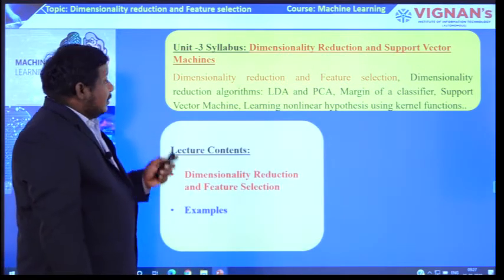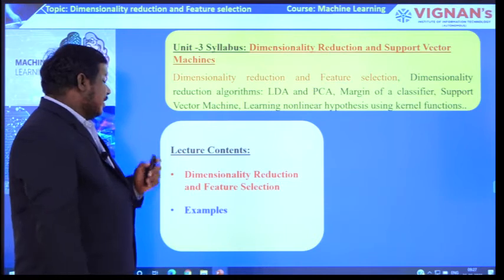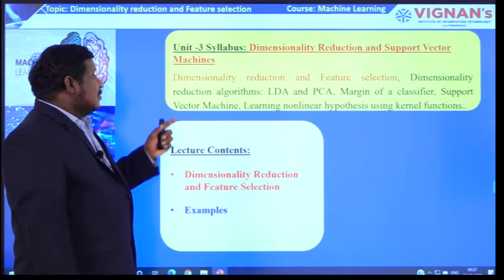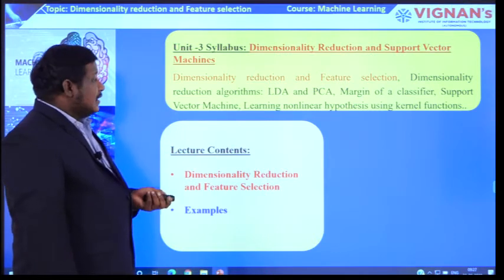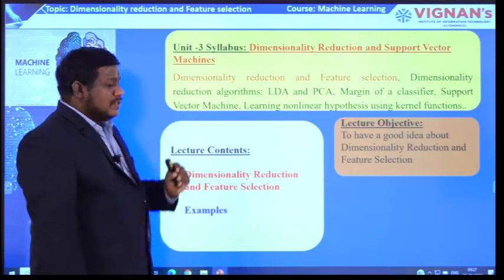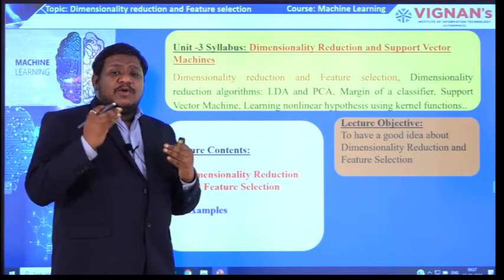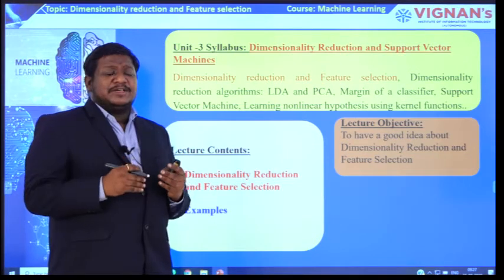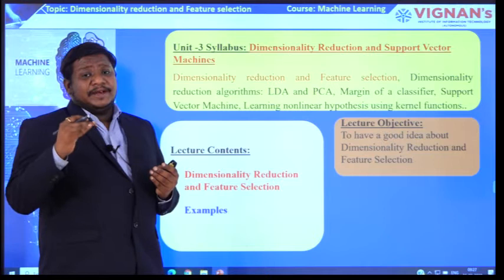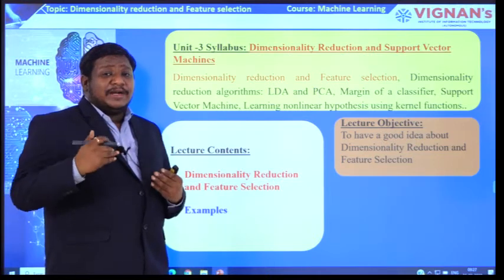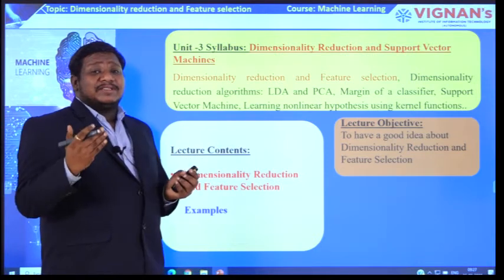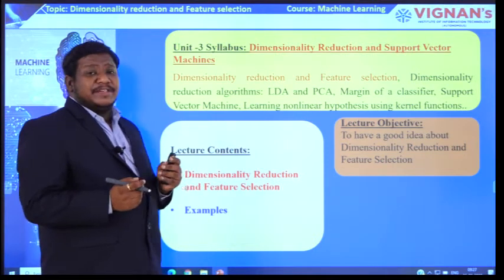The content of this lecture is dimensionality reduction and feature selection, and some real-time examples which come under these models are discussed. The objective is that the student can have a good knowledge of what is dimension reduction, what is feature selection, how the dimension can be reduced for a large data set, what are the advantages of reducing the dimension of a data set, and what various techniques are covered under dimension reduction.